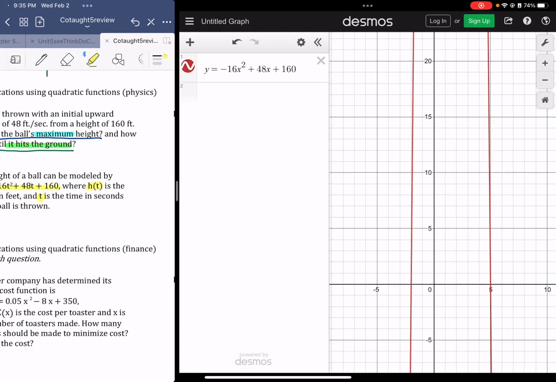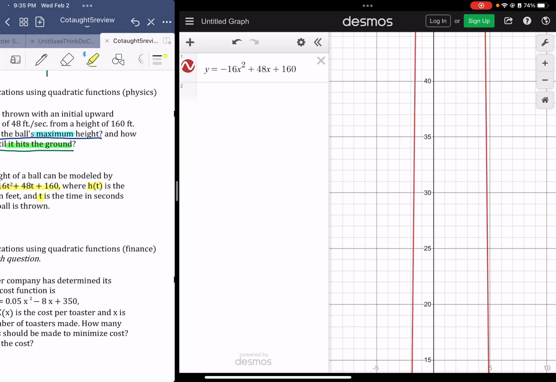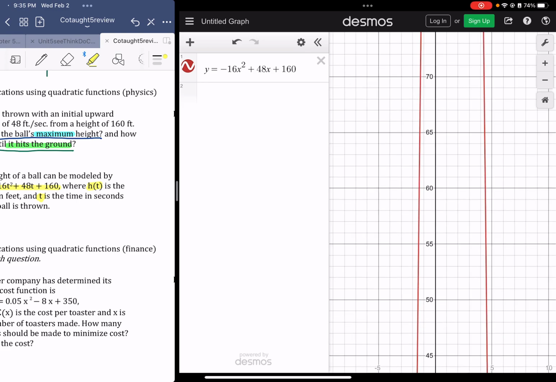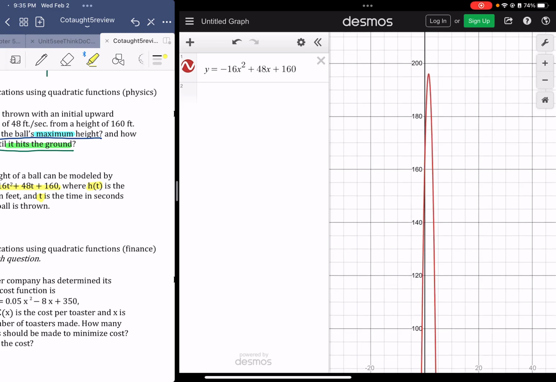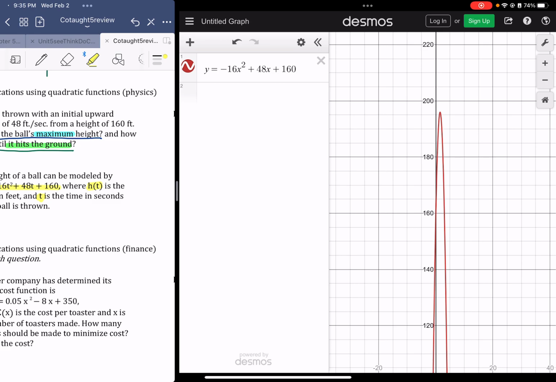Okay, so remember we wanted to find the ball's maximum. Right over here, we're looking at the maximum. So we are going to scroll to the very top of my graph. I can zoom out, scroll, and click on it.